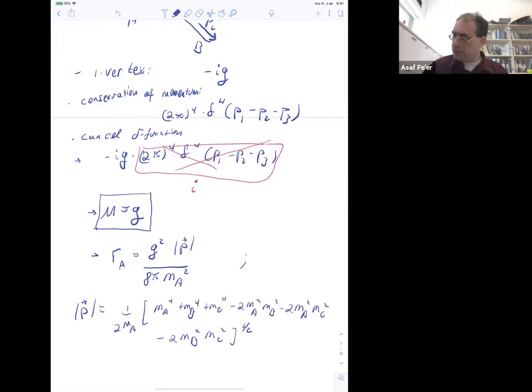Of course, we have the tau, the lifetime, is one of them. That's all. As simple as that.